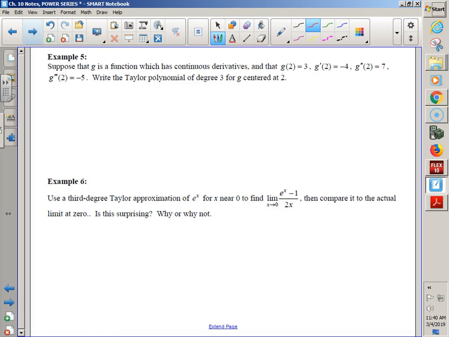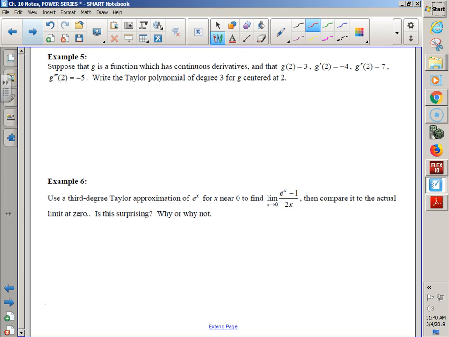All right, look at this one. They don't even give you the function. Hey, this is AP-ish. They love to give you clues, so use the clues. Suppose that g is a function which has continuous derivatives, and they give us g of 2 is 3, g prime of 2 is, g double prime is, and then it says Taylor. I just have to plug it into my formula, don't I?